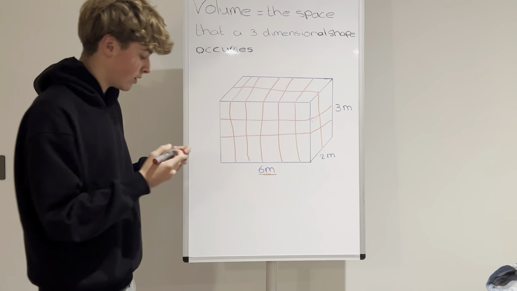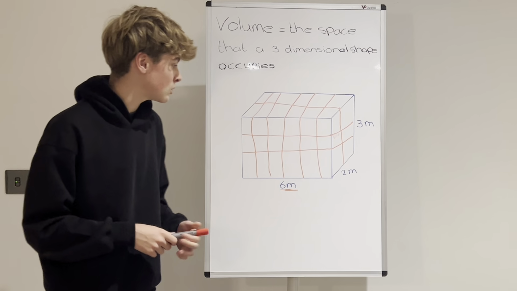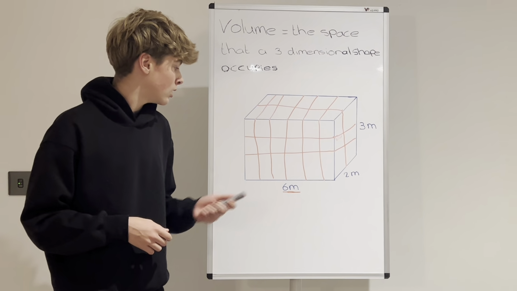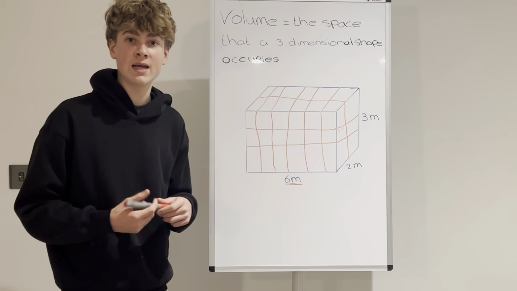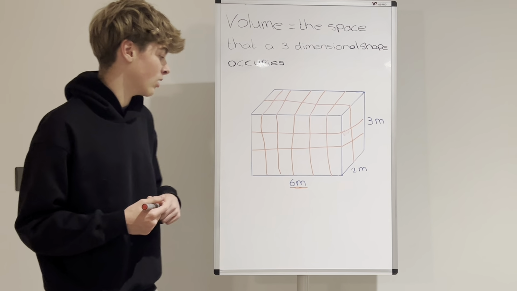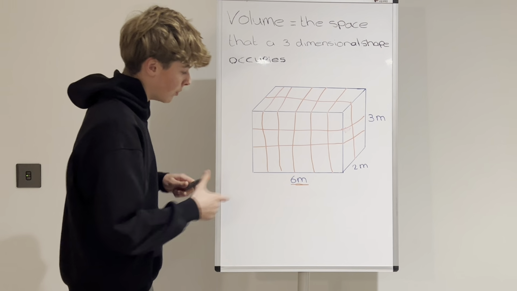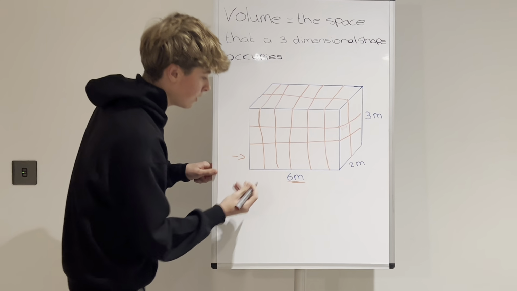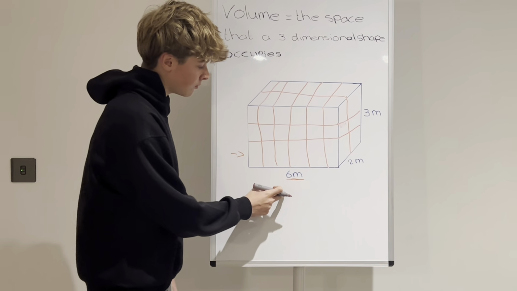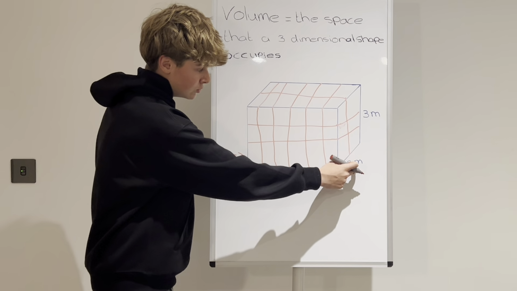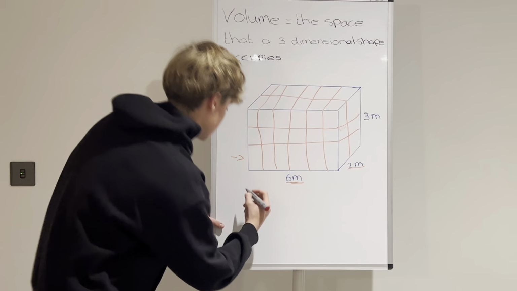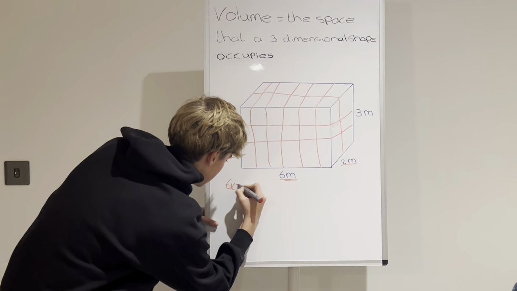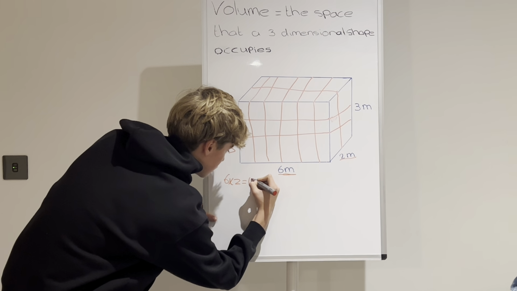So each one of those cubes represents 1 cubic meter, and even though we cannot see every single cube, we can still calculate how many there are. So let's start with this bottom layer right here. We do 6 times 2, which is just the same as the area, which equals 12.